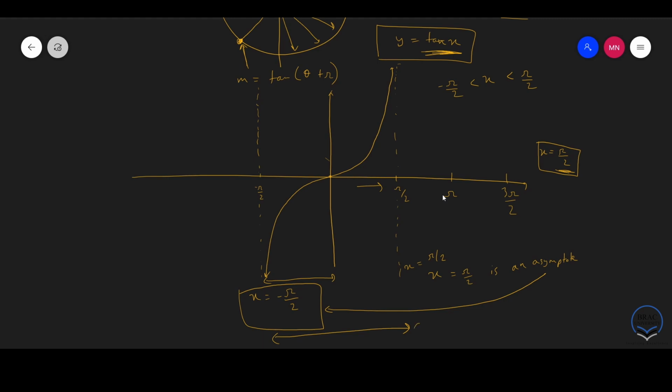Right, so for this pi interval, we will just have a graph that looks like this. Right, so the graph of this portion will just be repeated again and again. So we will have a graph that looks like this. So this is the graph of the tangent of x.